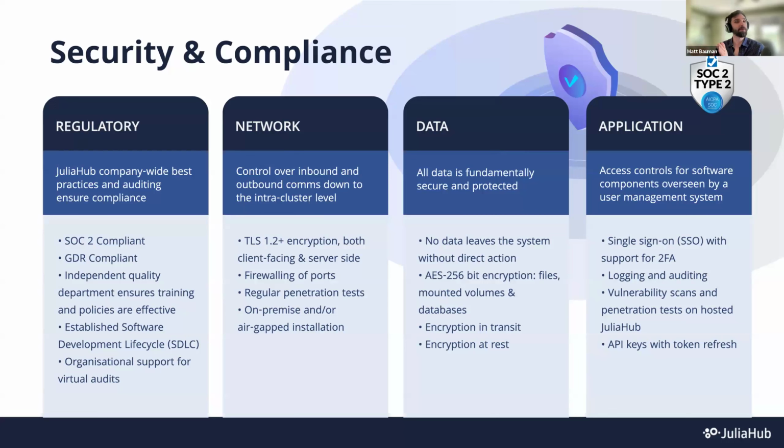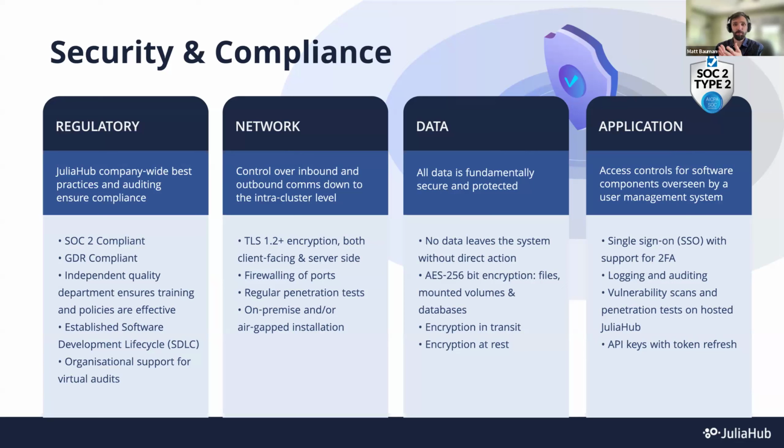But just to summarize some of these things, we look very carefully at our organizational policies with SOC 2 and GDPR compliances, independent auditing, our SDLC, that software development lifecycle, as well as support for virtual audits of our organization at large.